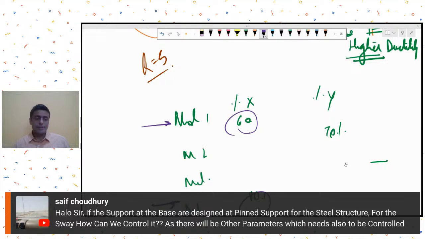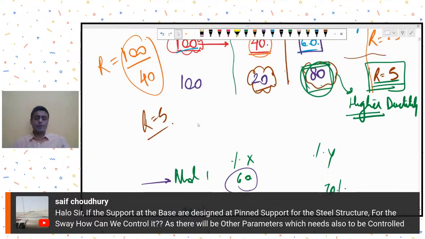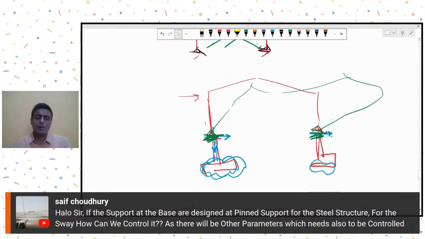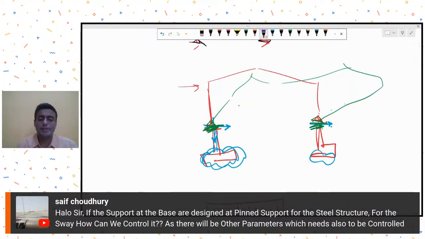Mr. Saif Chaudhary is asking if supports at the base are designed as pin supports for steel structure, for the sway, how can we control it? So if you want to control sway in systems where you are providing pin supports, one of the ways could be to provide additional bracing systems. You may have to add some bracing systems. Those bracings can be in plan or if possible in elevation.